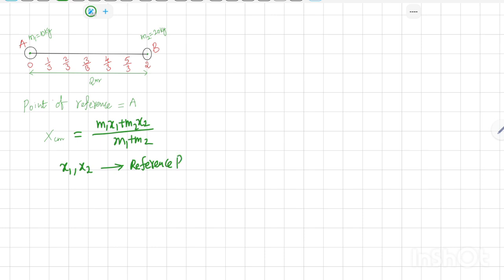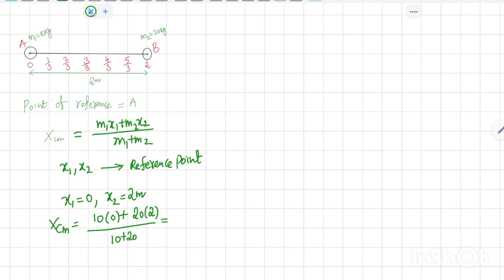Here I selected the reference point as A. Therefore, what is the x1 value? x1 becomes 0 and x2 becomes 2 meters. Let me find the center of mass of this two mass system. m1 is 10 kg, so 10 into 0 plus m2 is 20 kg, so 20 into 2, by m1 plus m2, which is 10 plus 20.